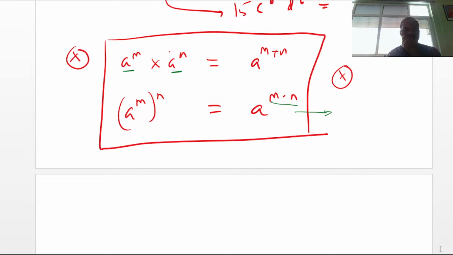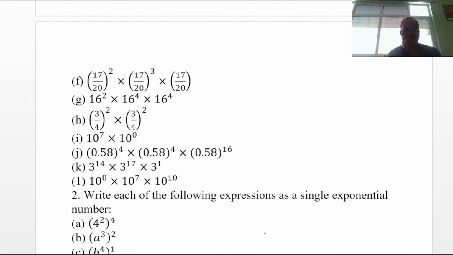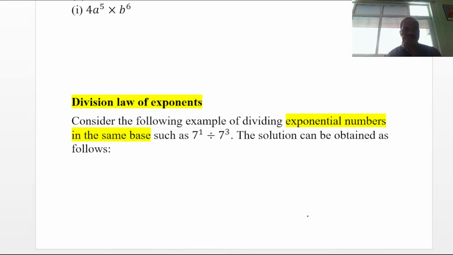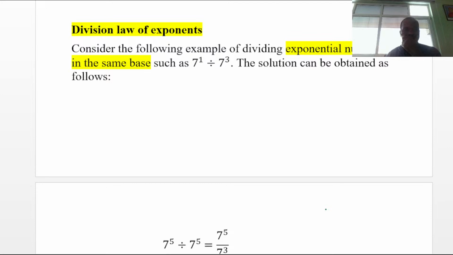And so today we are going to dive into another law of exponents, and that is the division law of exponents.